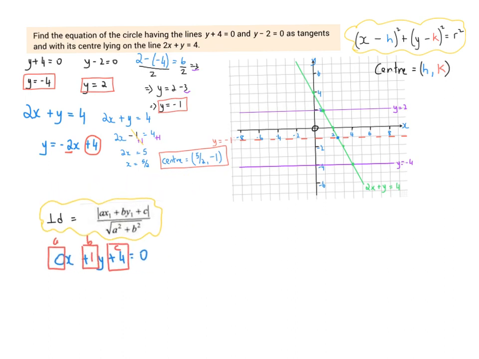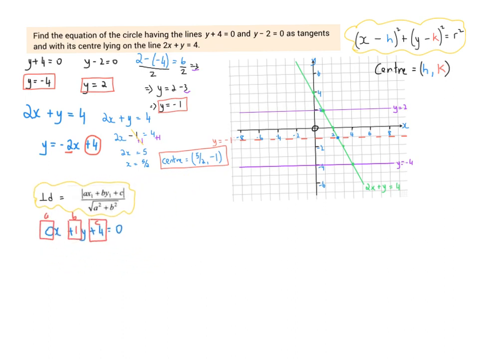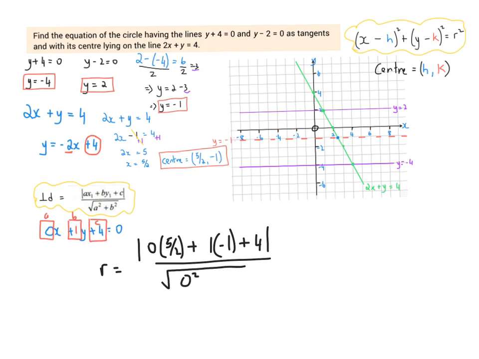So that gives me a is 0, b is 1, and c is 4. Okay, and then substituting that with our centre point here, that's our x1 and y1, that gives us the perpendicular distance, which is going to be our radius. So r is equal to the absolute value of 0 times 5 over 2 plus 1 times minus 1 plus 4, all over the square root of 0 squared plus 1 squared.